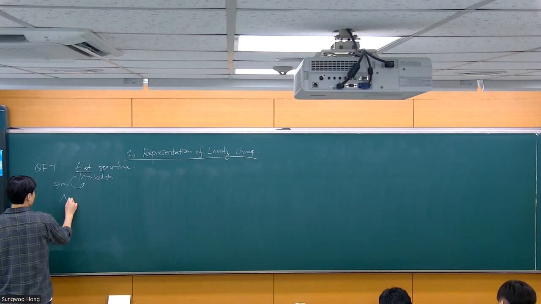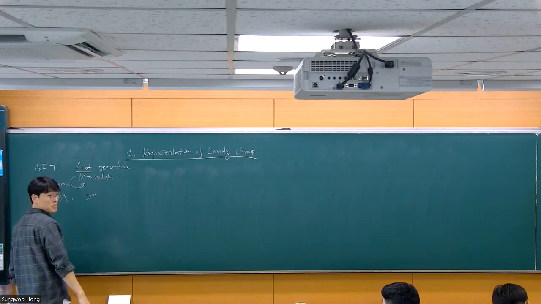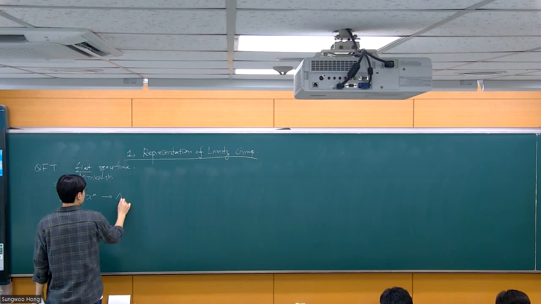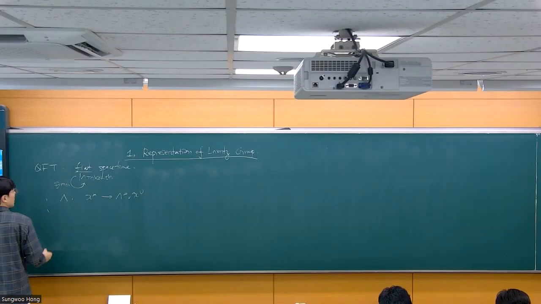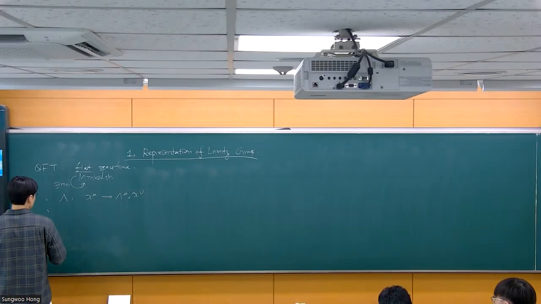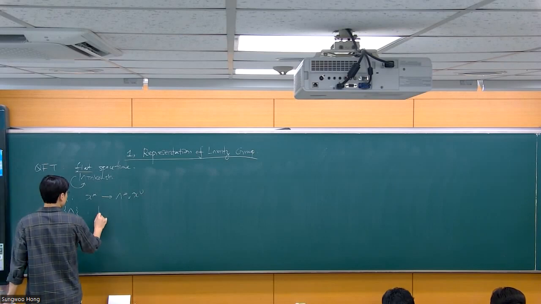So what is that? Given a Lorentz transformation lambda, and a 4-vector, which is an element of Minkowski space, you make a transformation. And the set of all such symmetries forms a group known as the Lorentz group.